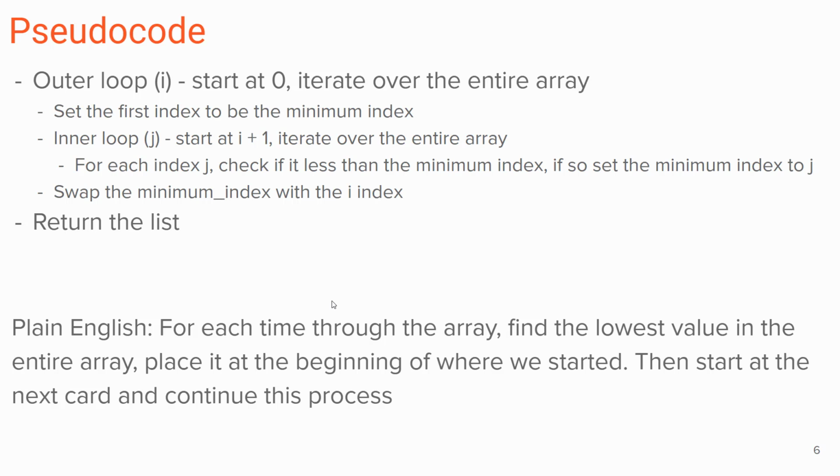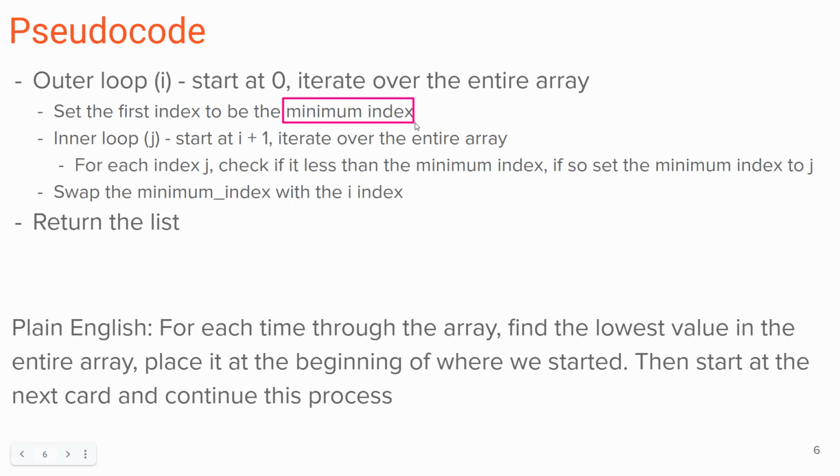All right, here is the pseudocode. So, outer loop, we're going to start at 0. We're going to iterate over the entire array. You'll notice a lot of times in these sorting algorithms, you have an outer and an inner loop. So our outer loop starts at 0, goes to the end of the array. We're going to set our first index to be the minimum index.